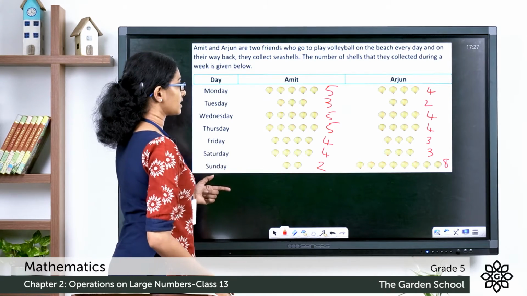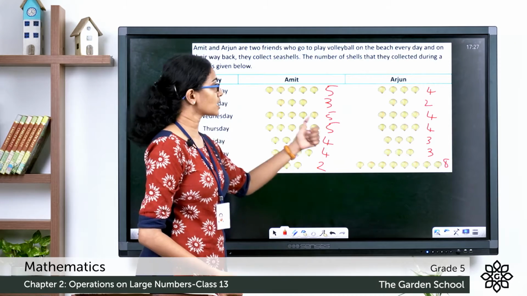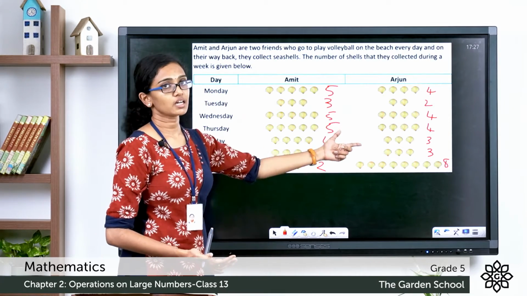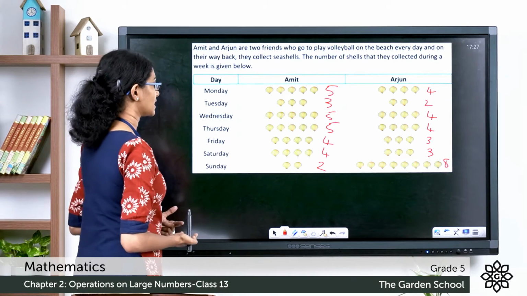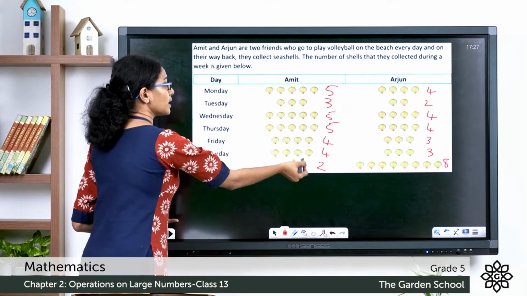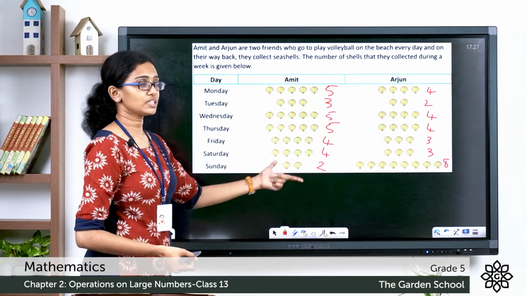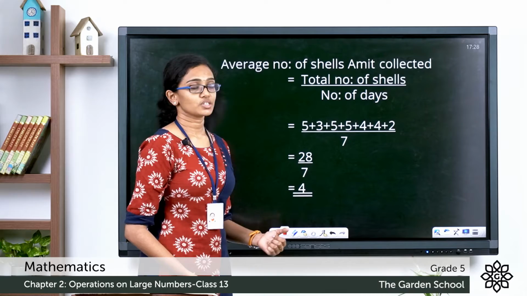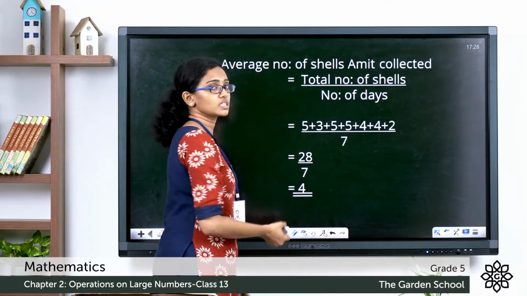Except on Sunday, when Arjun had collected the most seashells, Amit had collected more seashells than Arjun. So, they were finding out the average number of seashells collected each day. So, they were adding up the number of seashells collected on each day.